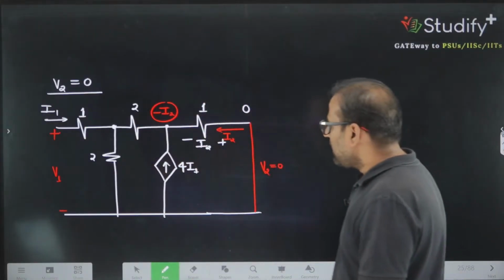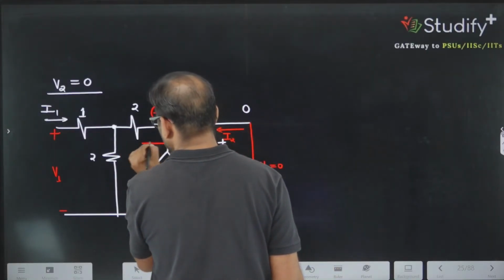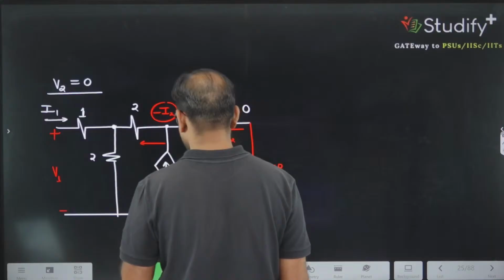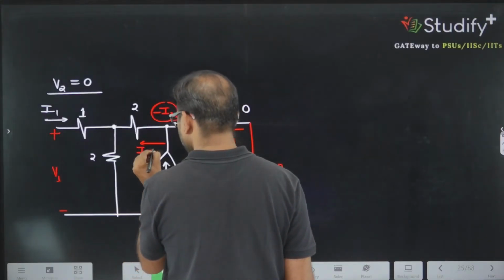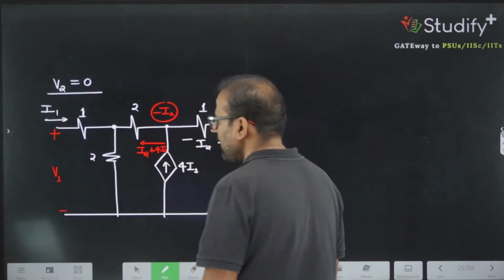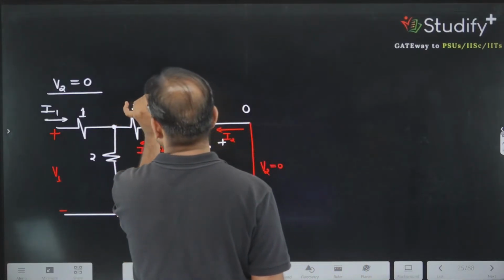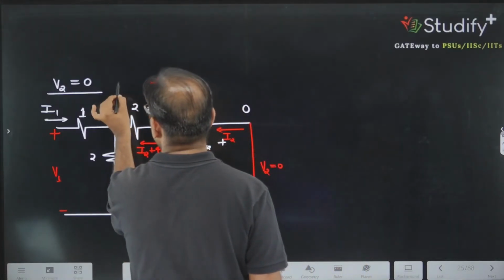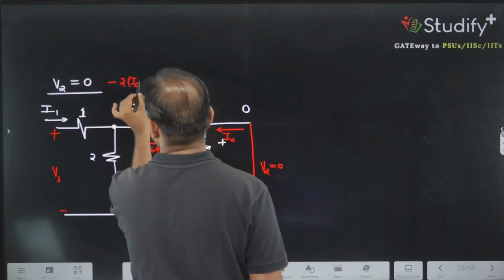Correct? This current is I2, this current is 4I1. So this current is I2 plus 4I1, and I can say this potential drop is 2 times of I2 plus 4I1.